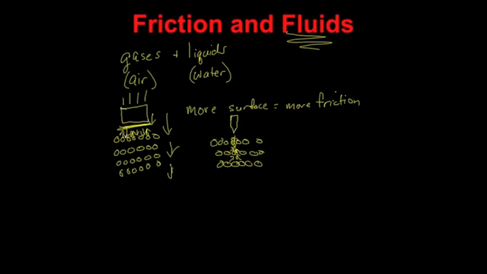In this example, you would have 1, 2, 3, 4, 5, 6, 7 molecules pushing back on that block. Here you would only have 2 molecules for every layer of fluid. So the less surface area when we talk about fluids equals less friction.